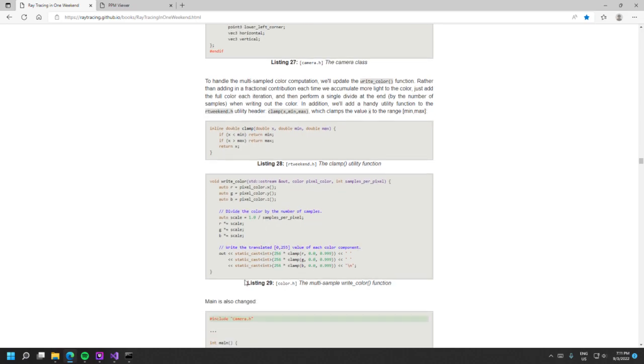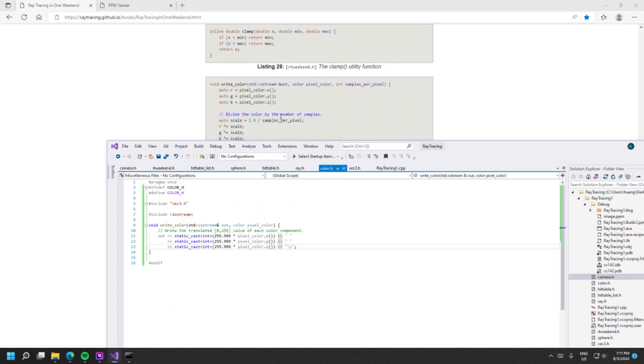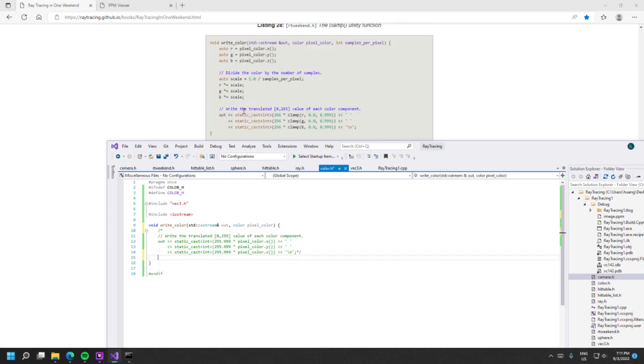And the color header, the multi-sample write color function. What did we have for color header? Oh, okay. So we are improving this write color to be a good blend instead of just having the fixed RGB.